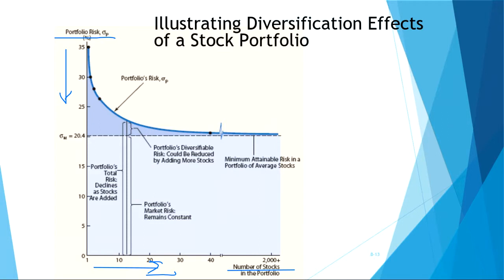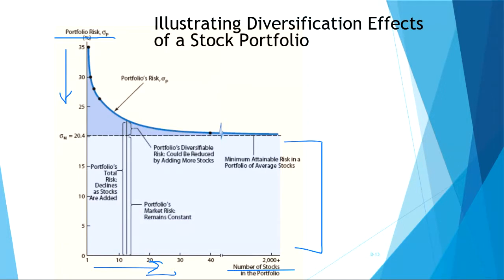So there are some important points in this figure. The first one, as I told you, the number of stocks, 40 to 50, is approximately the maximum number you can add to your portfolio. The other one is we have two components, two parts in terms of risk. One is that after a certain point, you cannot diversify it.